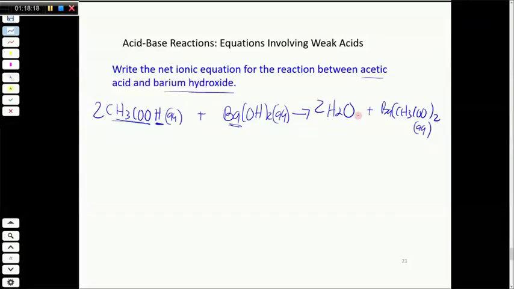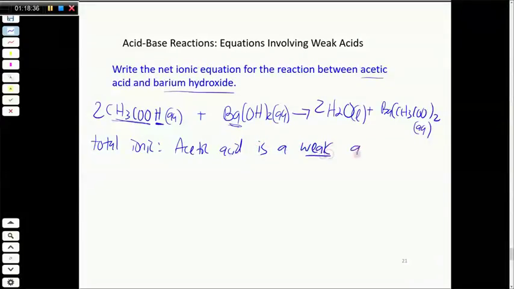So the total equation looks very similar, but if we want to write out net ionic and total ionic equations, we have to keep in mind that acetic acid is a weak acid. When we're writing out ionic equations, we don't want to separate acetic acid into ions.